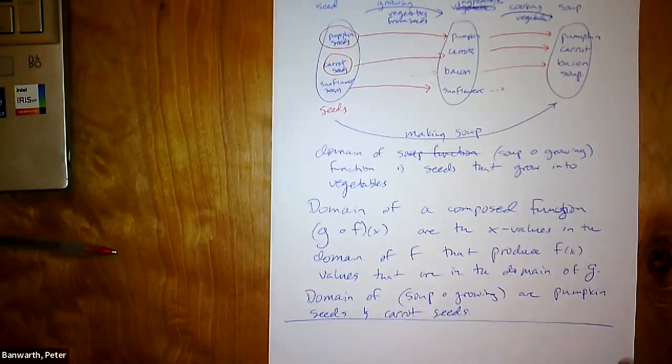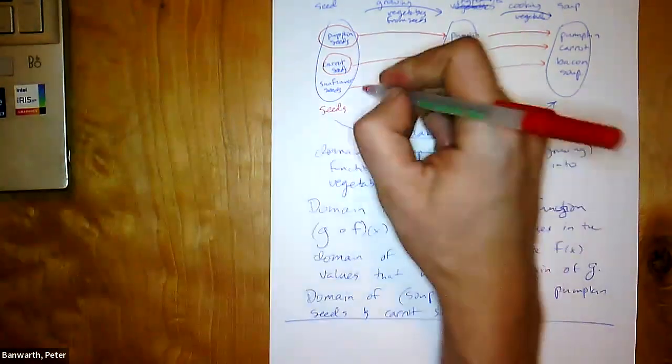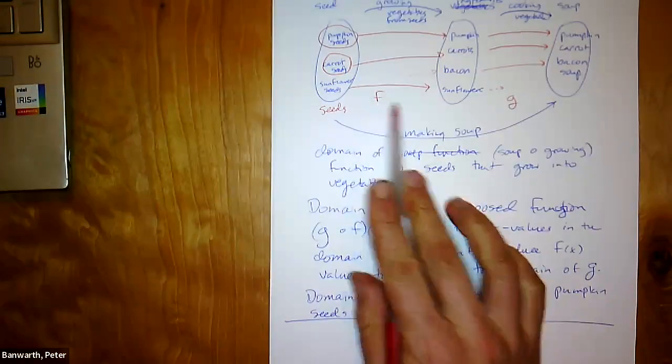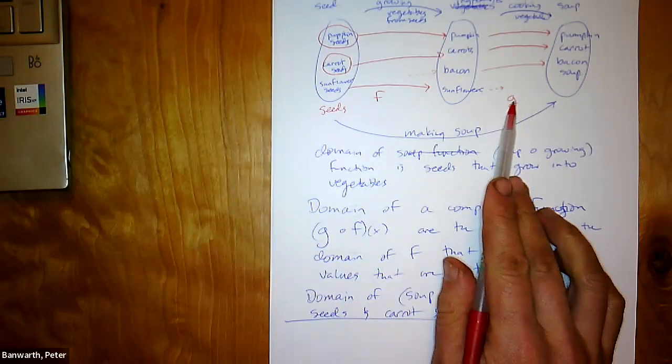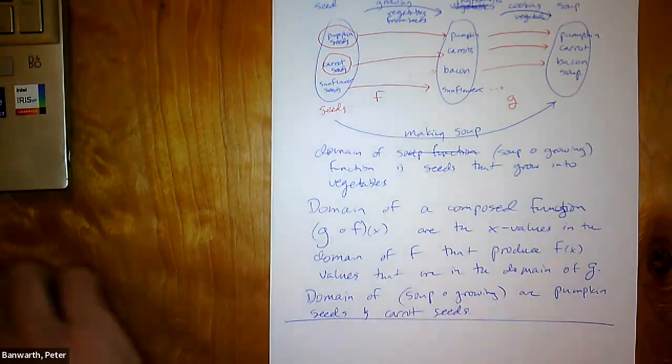I also like this example because it reinforces why you can do a composition one way, but a composition the other way doesn't make sense. If this is my F function and this is my G function, then G composed with F is soup made with vegetables that I've grown. That makes sense.